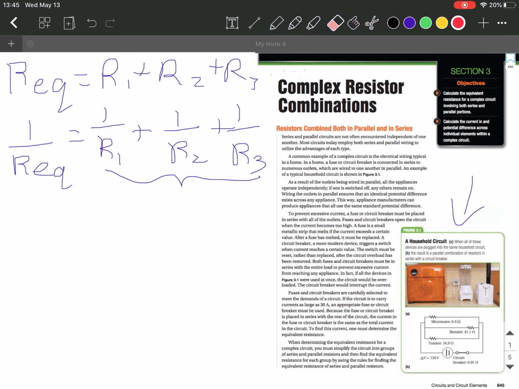So how do you work with this kind of circuit? You need to narrow it down. Like when you're working in math and you have a lot of parentheses and grouping symbols, you work from the inside first, and then you work out. Pretty much it's going to be the same thing here. First, you need to identify smaller subcircuits, combine them, and then work your way out.